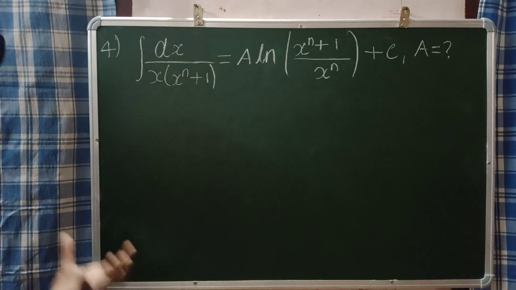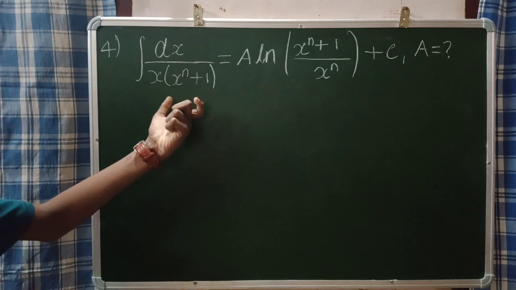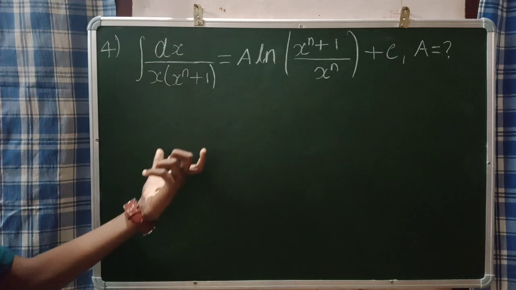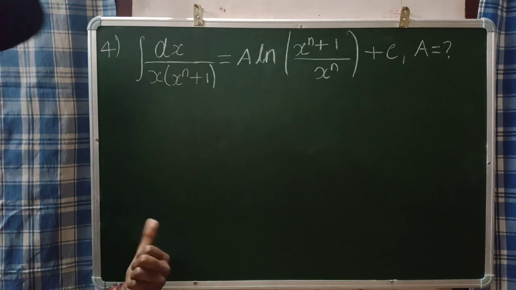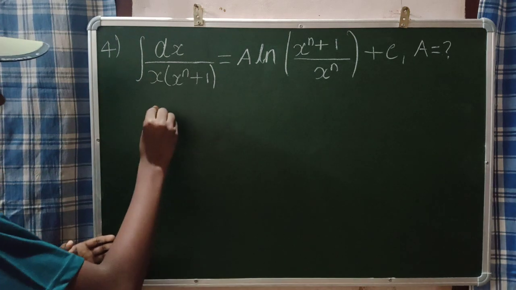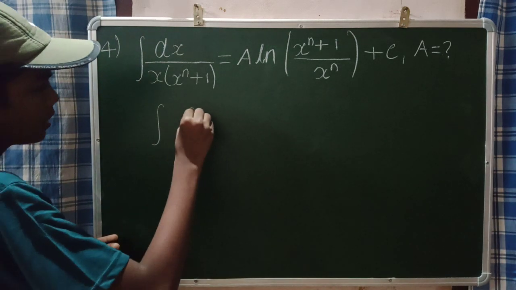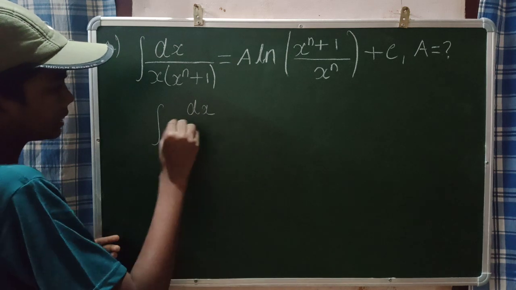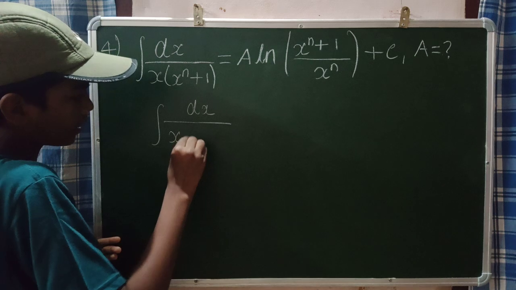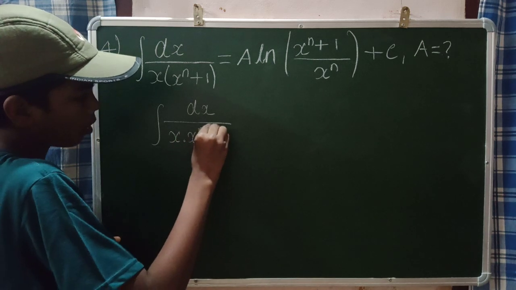So what I'm going to do is, listen carefully, in the denominator we are having x to the power of n plus 1, right? In this particular expression, I'm going to take x to the power of n common. When you take x to the power of n common, what you will get? You will get integral of dx by x into x to the power of n, because I am taking x to the power of n common.